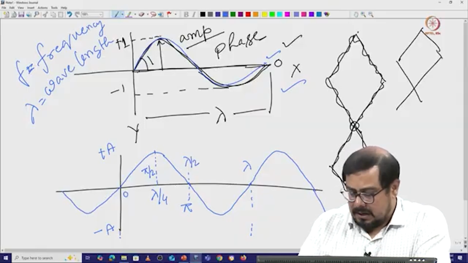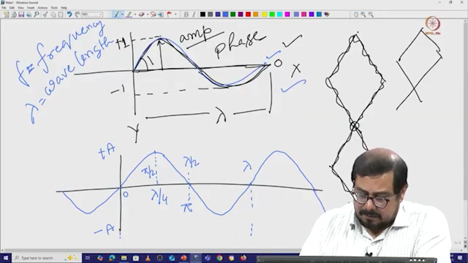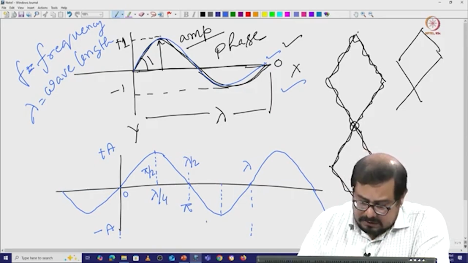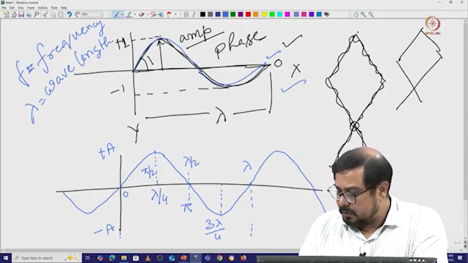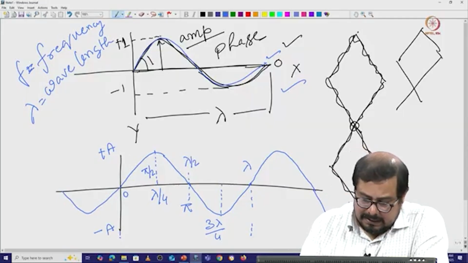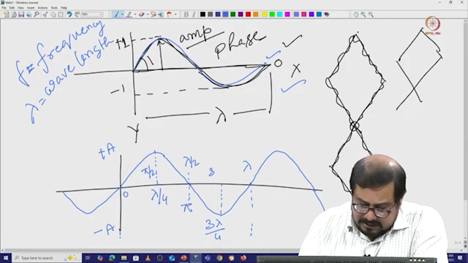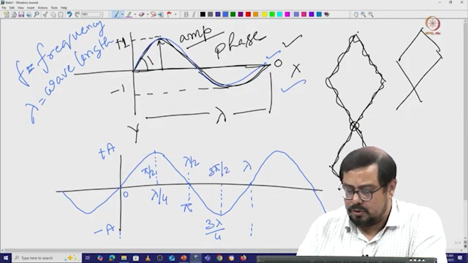Now the next one is coming, that okay, this is lambda by 2. Then what about this particular point? At this point we can see we have a negative amplitude. So it is 3 lambda by 4, okay, and angle-wise this will be 3 pi by 2.